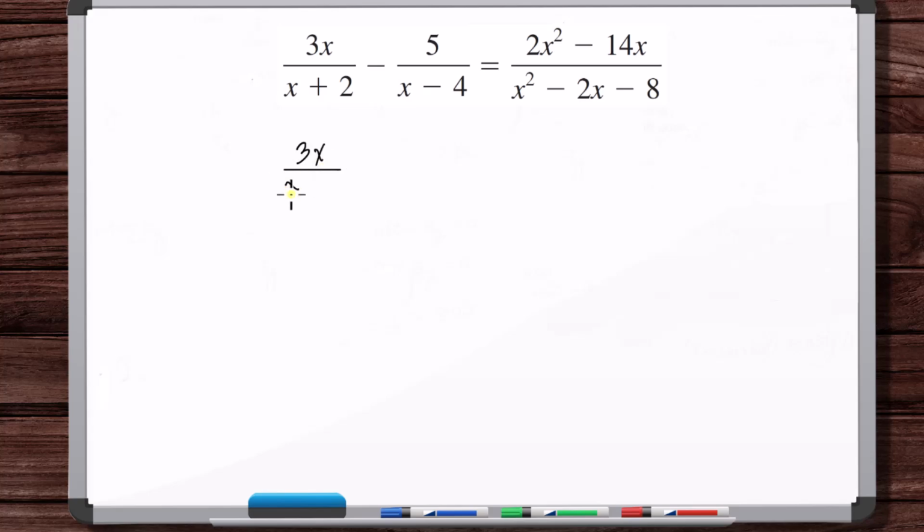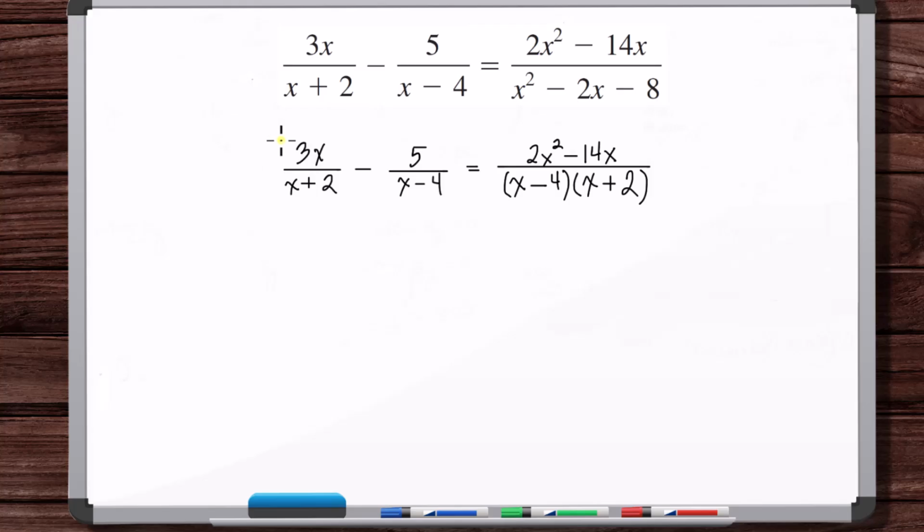Let's start by factoring this expression here. So x minus 4, x plus 2, and then we'll just leave this as it is.